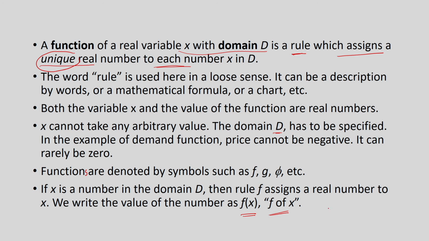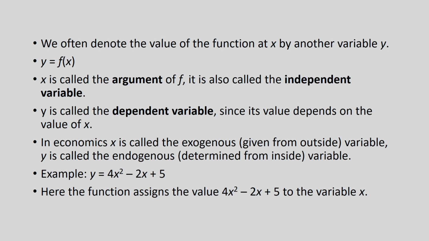So, f of x is basically that value which this rule will generate, and it has to be unique for any given x. We often denote the value of the function at x by another variable y. Since f could be quite clumsy, sometimes y is used as a symbol of the value of the function. So, y is equal to f of x.